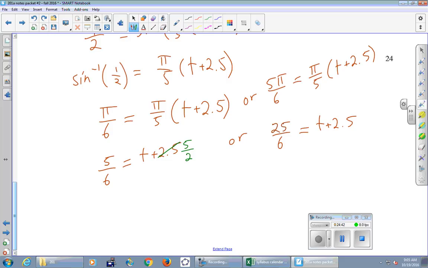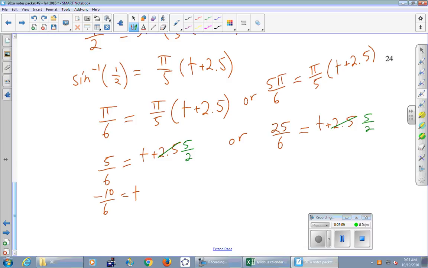I think that'll make it a little bit easier for us. And then we'll get our answer. So that 5/2 becomes how many sixths? 15/6, which gets subtracted over there, leaving negative, am I right? Negative 10/6, is that okay?